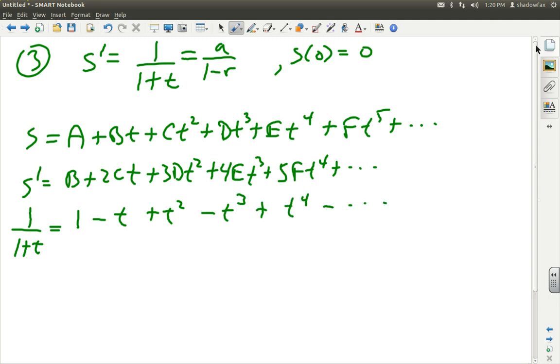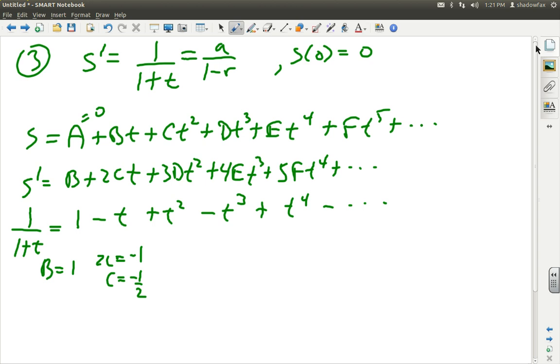Okay. So let's say these two expressions are equal. And by the way, if you plug in 0 for t in the first expression for s, and s equals 0, then a equals 0, right? And then we have that the first two terms in s prime and 1/(1 plus t) are equal. So b equals 1. And 2c equals -1, so c is -1/2.